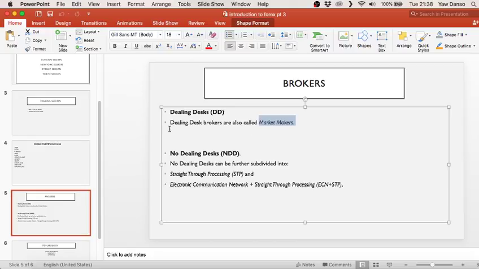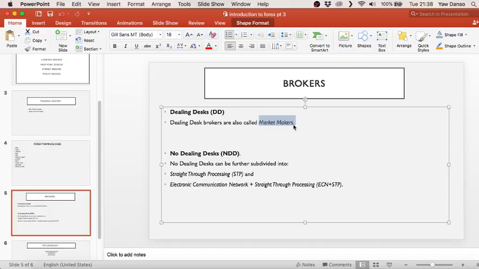So when these people take the other side of your trade, all they want is for you to lose your money. So when that happens, it's like a mouse trying to battle a tiger. That's how it is.